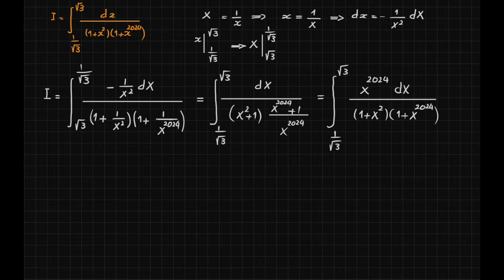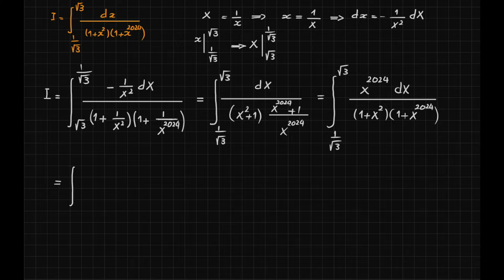But you know that variables in definite integrals are dummy variables. What does that mean? It means that I can rename this variable everywhere, and the result of the integral will not change. So I call capital X little x again.